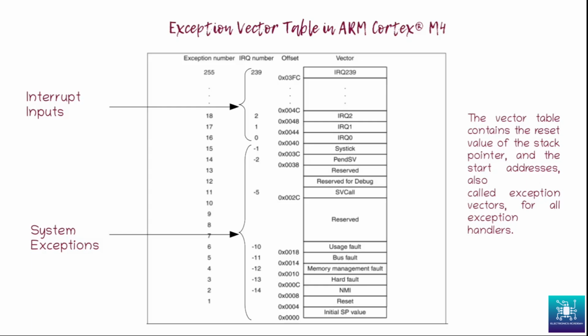So we will get a better idea of the number of interrupts it supports. So this is a generic diagram actually. Not all of the 255 interrupts will be present for any particular SoC. So we will get to see what are the interrupts that are actually supported.